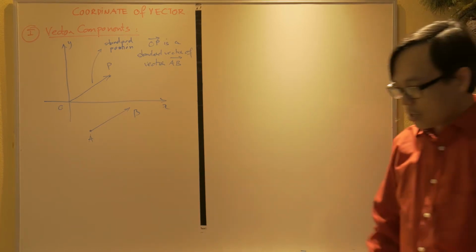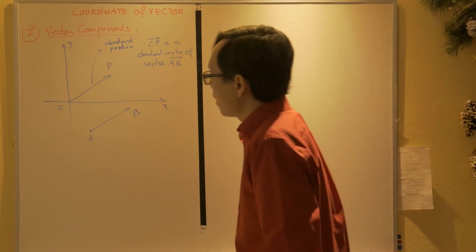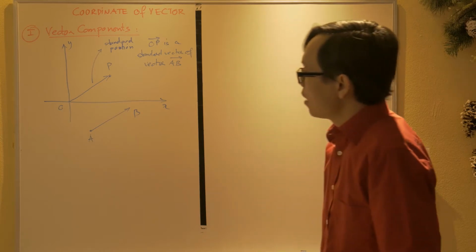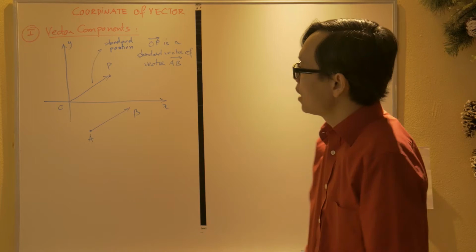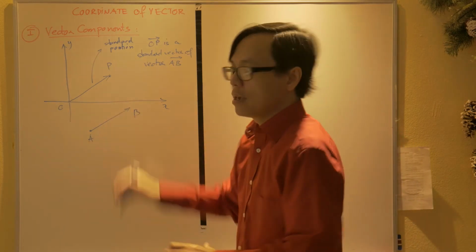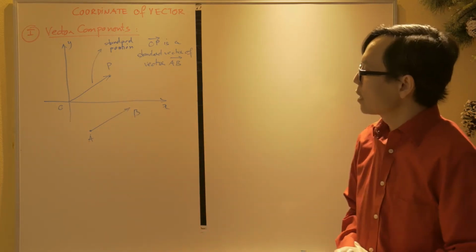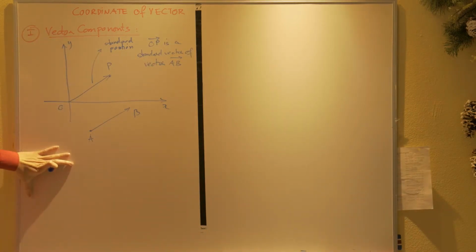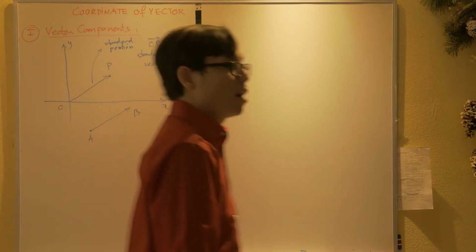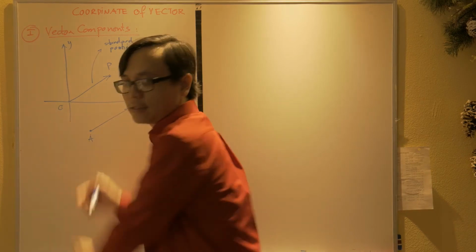In the coordinate system we see that there are many vectors which have vector OP as the standard vector. For example, I can draw another vector here and move it to the standard position, and I still consider OP as the standard vector of that new vector.